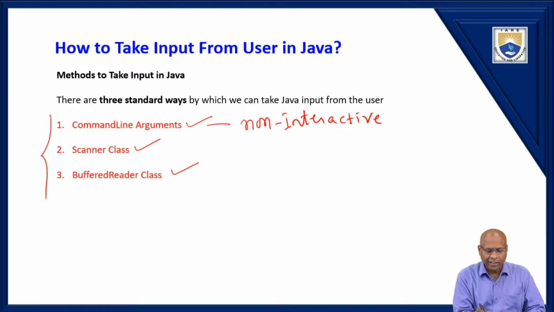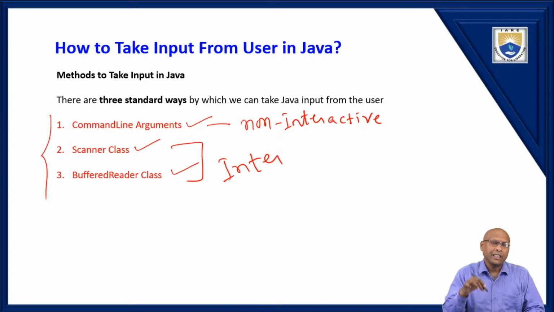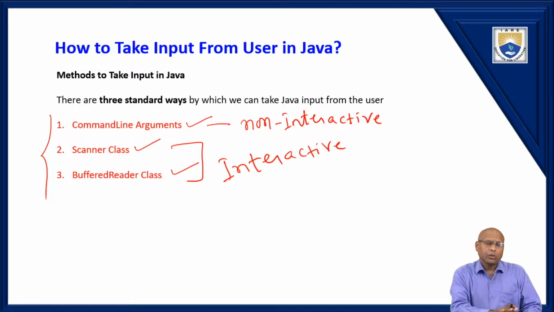Whereas the Scanner class and BufferedReader class are interactive. The system will ask you to enter the first data, then the second data, then the third, like enter name, enter roll number, enter age. Depending upon the requirement, you may use either the interactive or the non-interactive way.